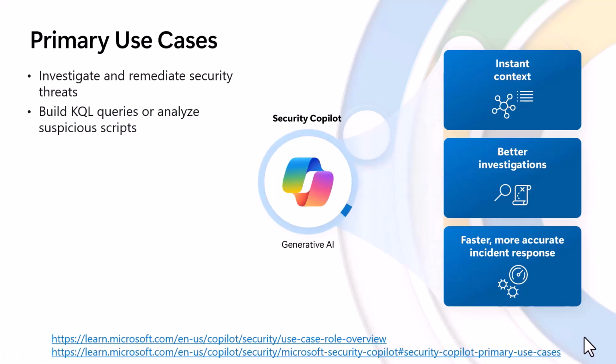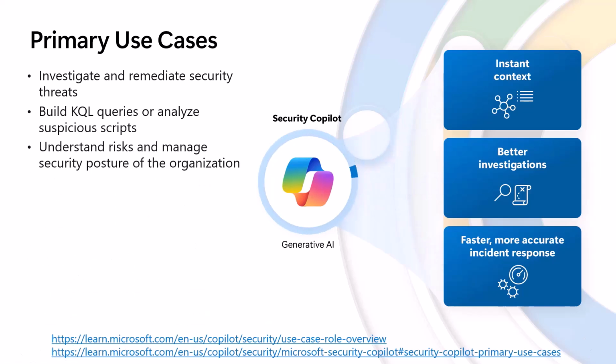It also helps you understand your risks and manage the security posture of your organization by providing a broad picture of your environment with prioritized risks to uncover opportunities to improve your security posture more easily. You can also troubleshoot IT issues faster because Security Copilot can synthesize relevant information rapidly and deliver actionable insights to identify and resolve IT issues quickly.